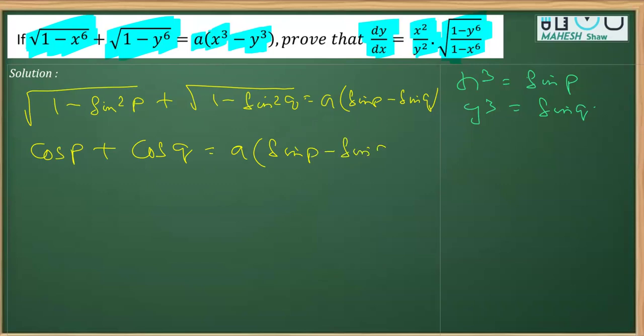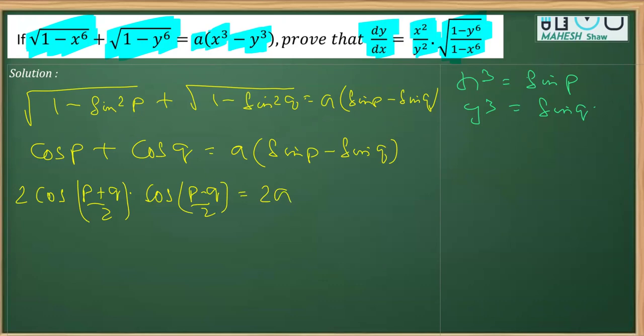Now, from here onwards, I'll be applying the C and D identities. That is, cos A plus cos B is 2 cos((A+B)/2) cos((A−B)/2), so this is 2 cos((p+q)/2) cos((p−q)/2) equal to a.